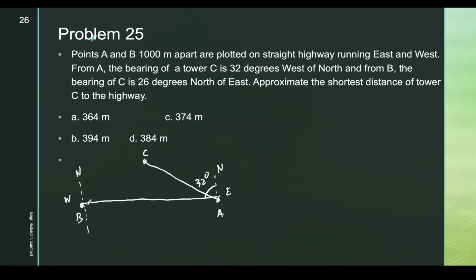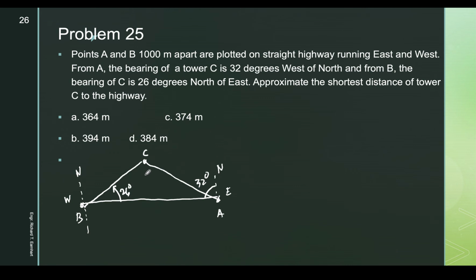north of east. So the reference will be east. The bearing of C is 26 degrees north of east. So from east, this is east, so this must be your 26 degrees.